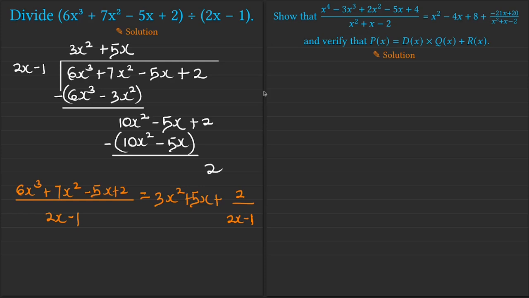As you can see, it says show that x to the fourth minus 3x cubed plus 2x squared minus 5x plus 4 all over x squared plus x minus 2 is equal to x squared minus 4x plus x plus negative 21x plus 20 all over x squared plus x minus 2. If you're able to do that, we then verify that p of x is equal to what? The divisor times the quotient plus the remainder.